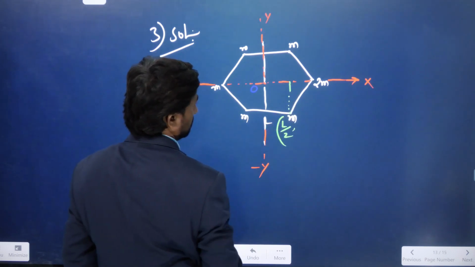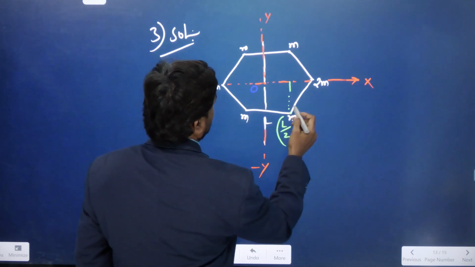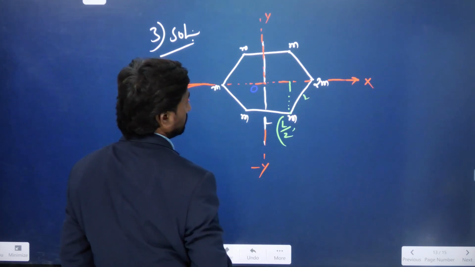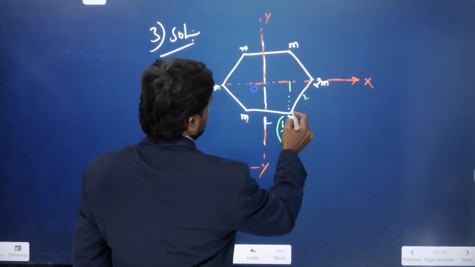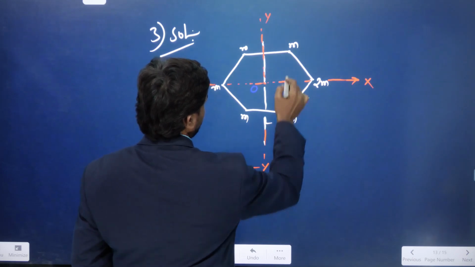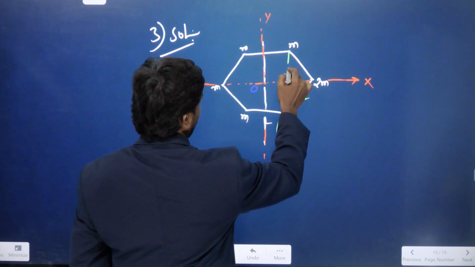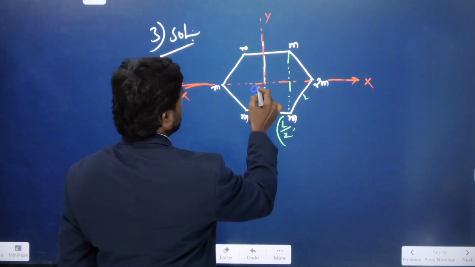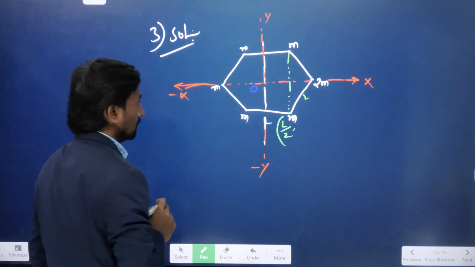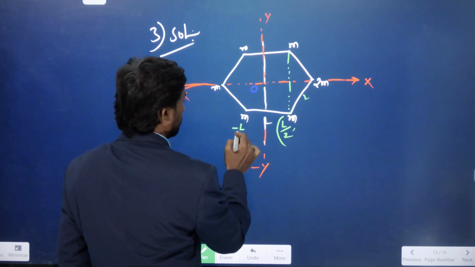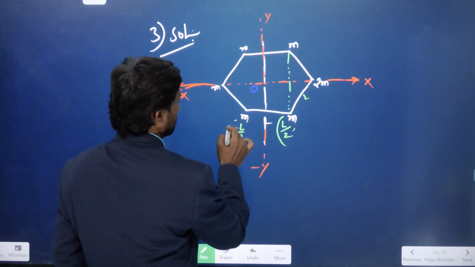How can you find it here? So, this is L, this will be L, and this is L by 2. So, the origin will be at 0, 0, no? And this particle is at minus L by 2 in x coordinates.